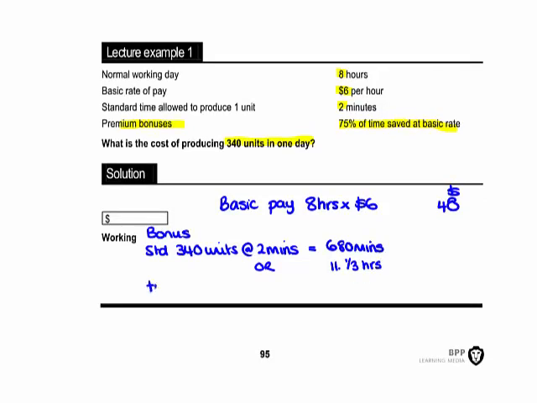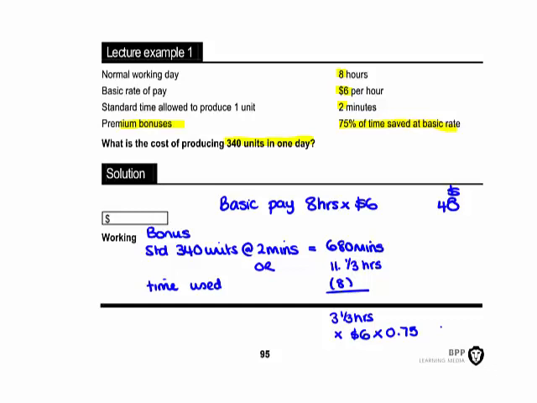The time allowed, or the time that they used, was 8 hours. So therefore they've managed to do this in 3 1/3 hours less than the standard time, and they get a bonus of $6 per hour for 75% of the time saved.